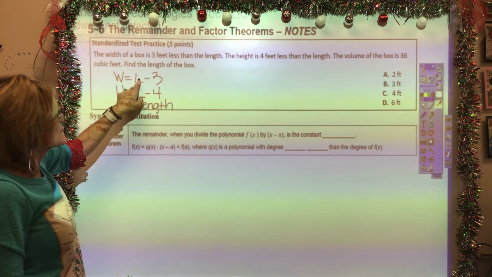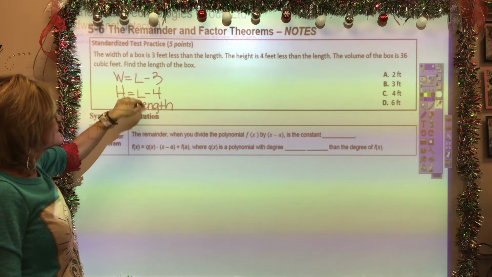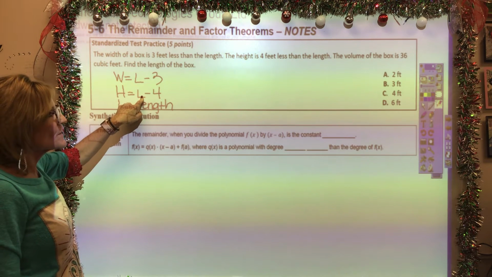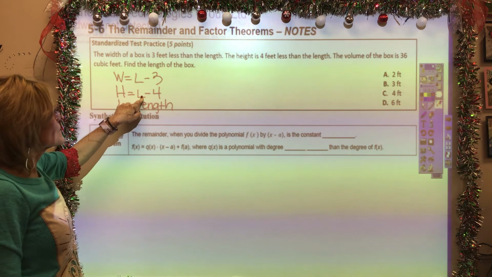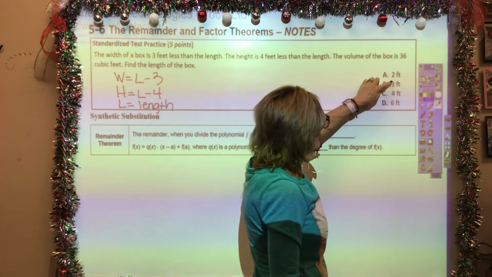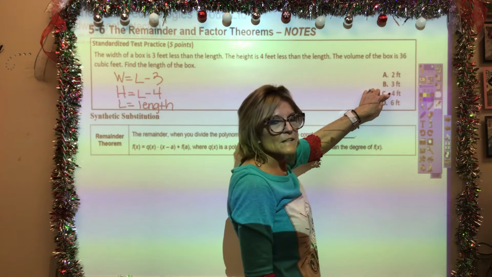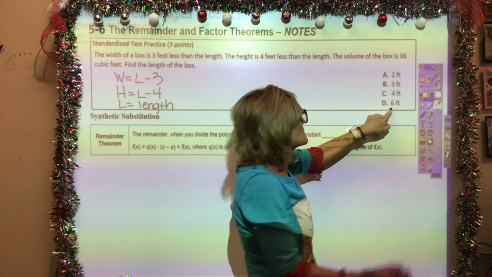Now, we could plug in a 4 and it work here with our width of 1. But if we plug in a 4 here, it gives us a height of 0. And so we can't make a box out of any of these values being the length. So the only reasonable answer is 6.